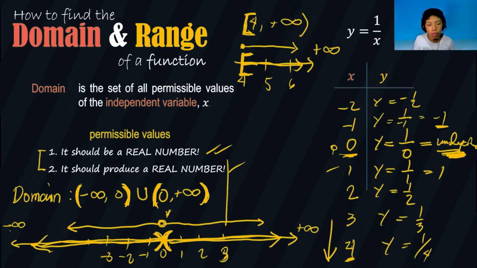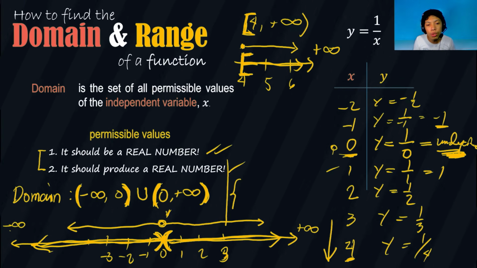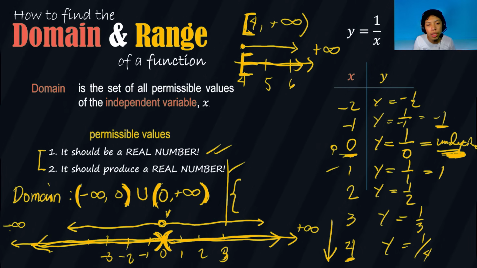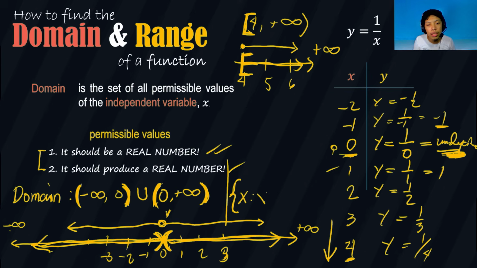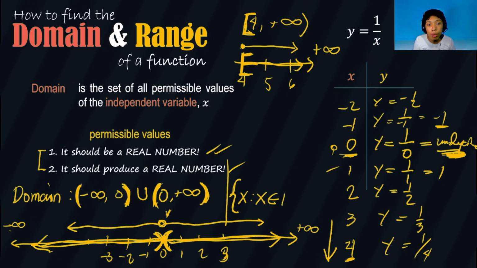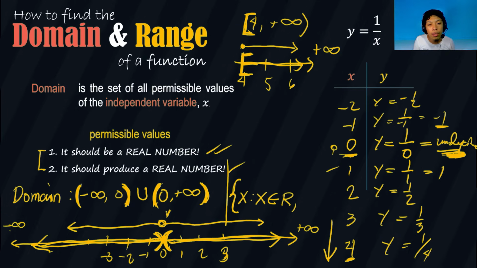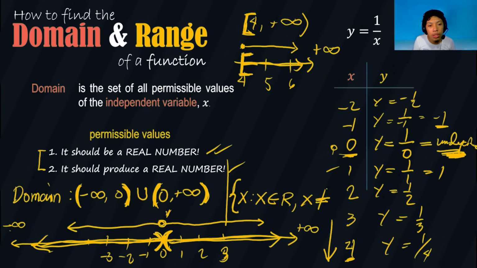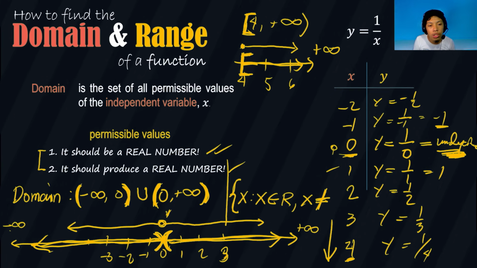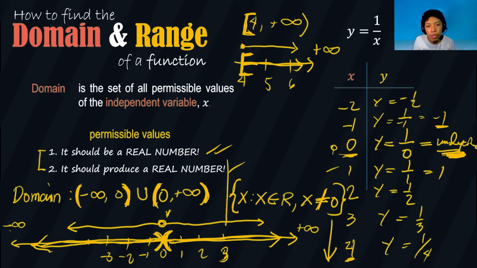In set builder notation, you write it like this. Of course, set builder notation nga ni, may permihin nga bracket. Okay, x such that x is a real number, and not equal sign with a slash, not equal to 0. Okay, let me erase this one.